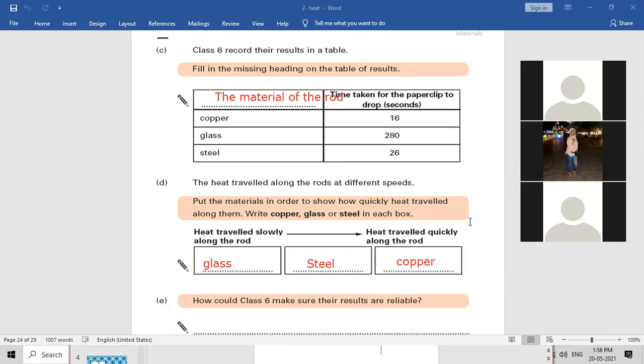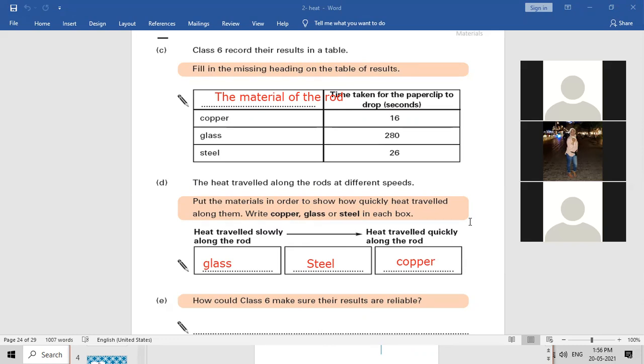Okay, the next question. How could class 6 make sure their results are reliable? How can they do this? For this question, guys, and you will see this type of question a lot in the upcoming years, because this is a part of the scientific method.